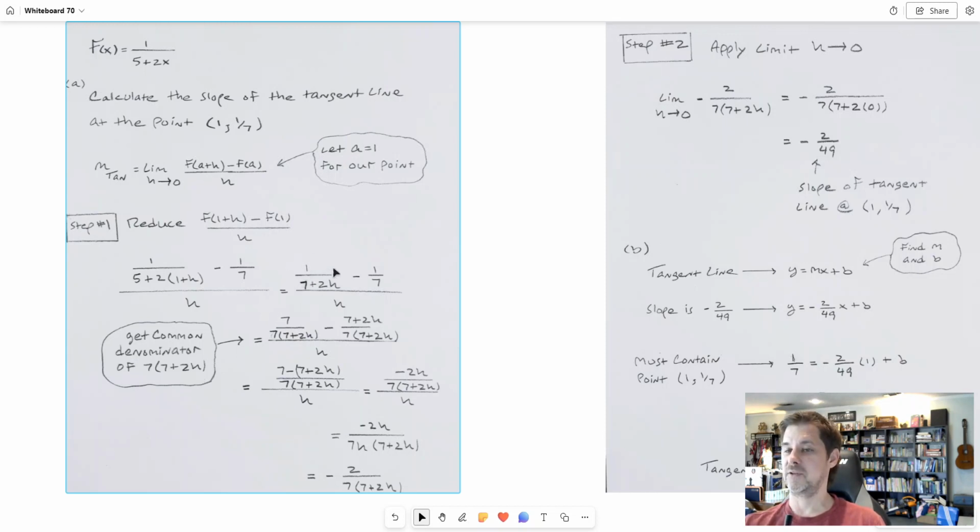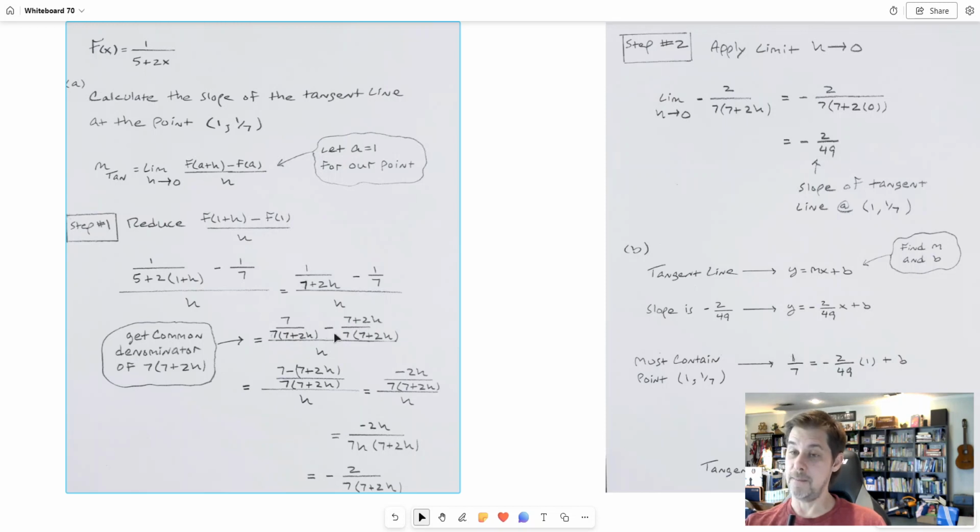I multiply this first fraction by 7 over 7, which is 1. I'm not changing it. I'm just multiplying it by 1 in the form of 7 over 7. And I multiply this one by 7 plus 2h over 7 plus 2h. Still, I'm just multiplying it by 1. I'm not changing it. I'm just changing what the denominator is. Now they have a common denominator, and I could subtract them.